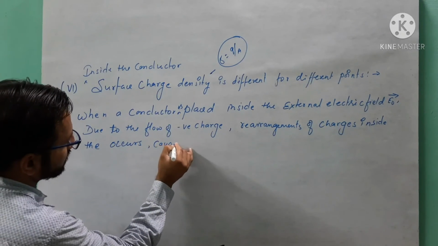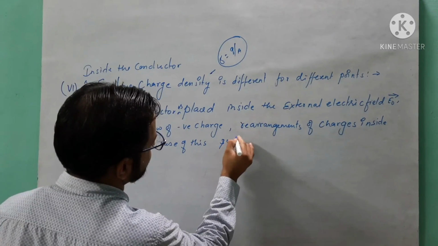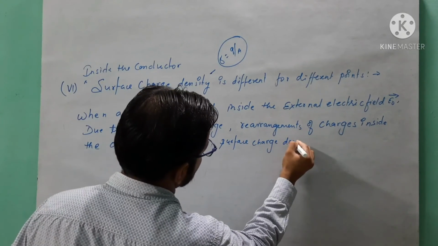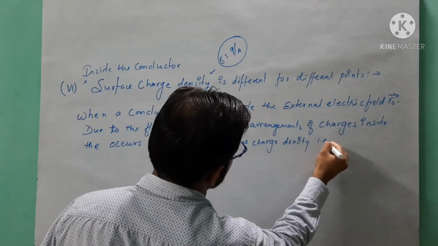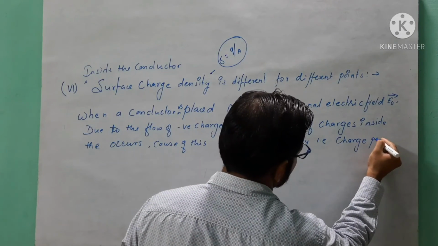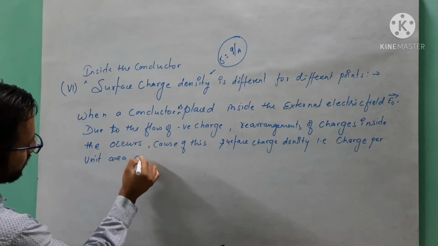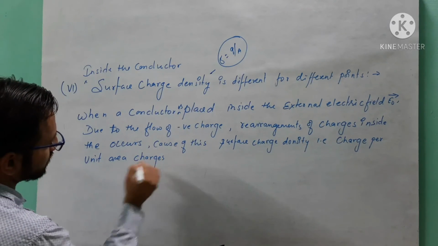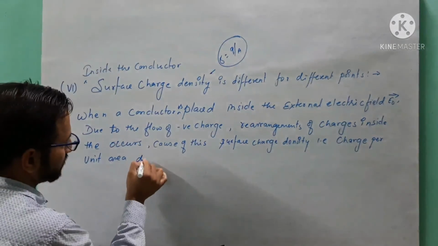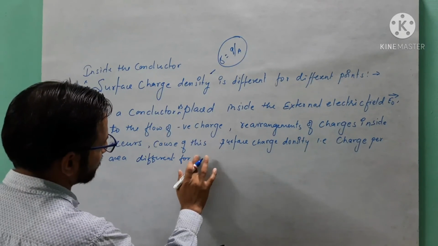Because of this, surface charge density, meaning charge per unit area, changes, or you can say it is different at different places, different for different points.